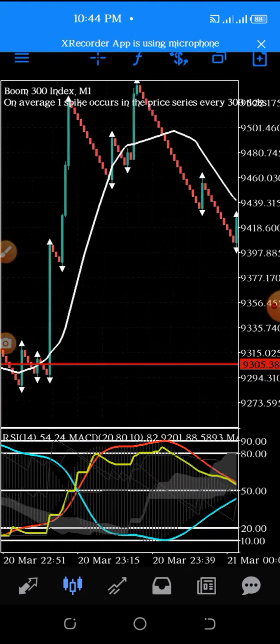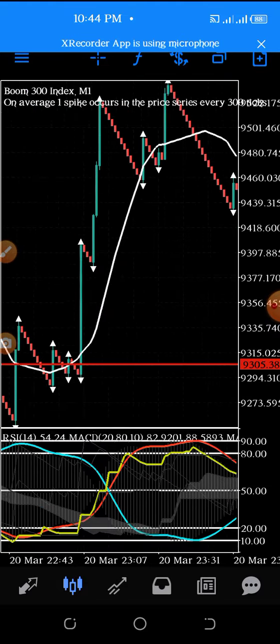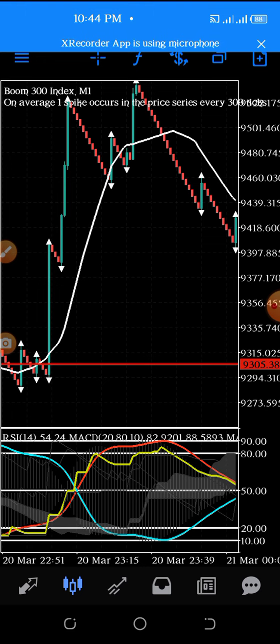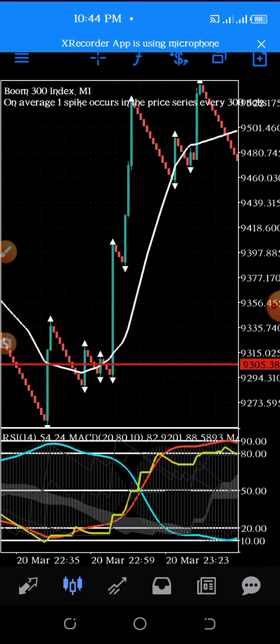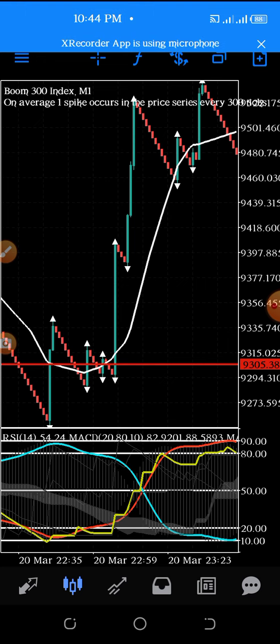Okay, don't worry. Next time I will explain these lines you're seeing on the chart. This white line I told you before is the 21 moving average.